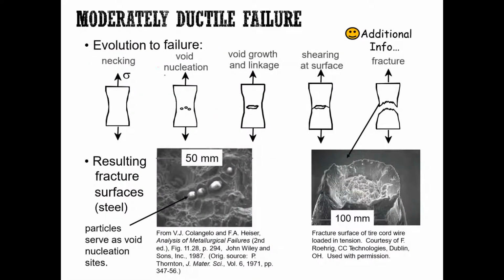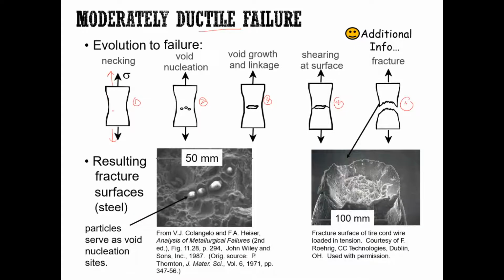Alright, so let us see the mechanism of the ductile failure. So what happened during ductile failure? Okay, so there will be 5 stages, which is 1, 2, 3, 4, and 5 here. So at the first stage, which is your initial loading, we apply a tensile load here.